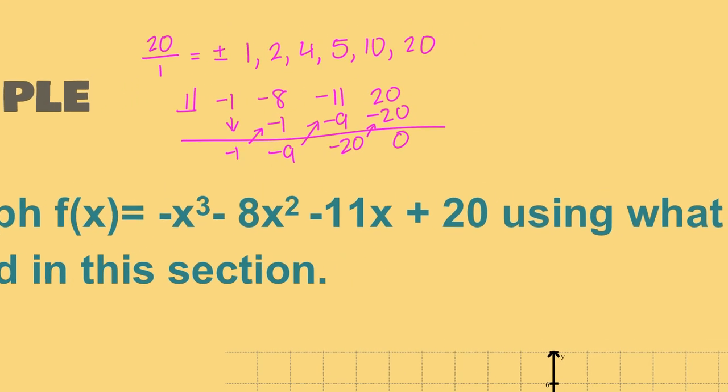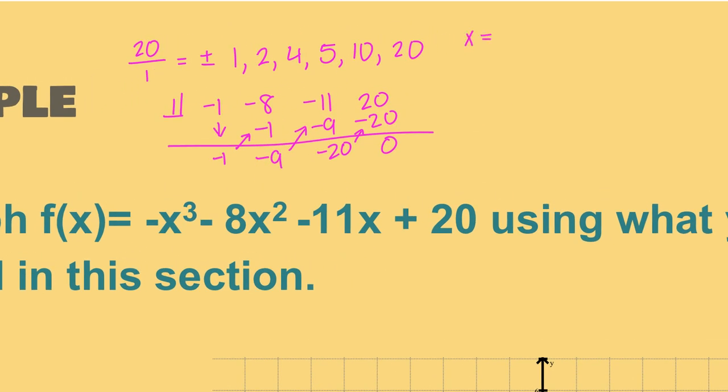So 1 is a possible zero. I'm going to have x equals 1. That's one of my answers. And then I have to factor it. I have -x squared minus 9x minus 20. Do I have a greatest common factor here? I'm going to factor out a -1.